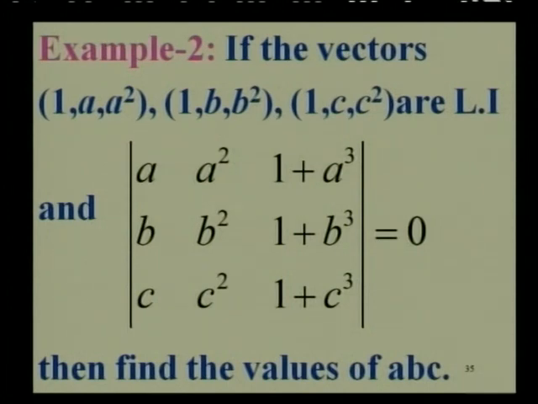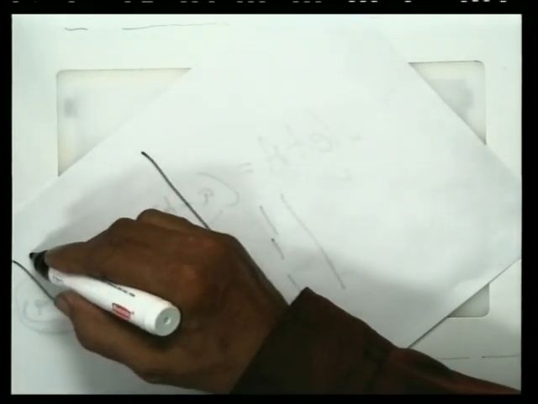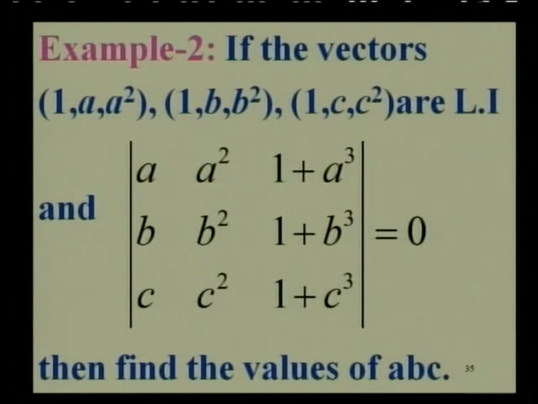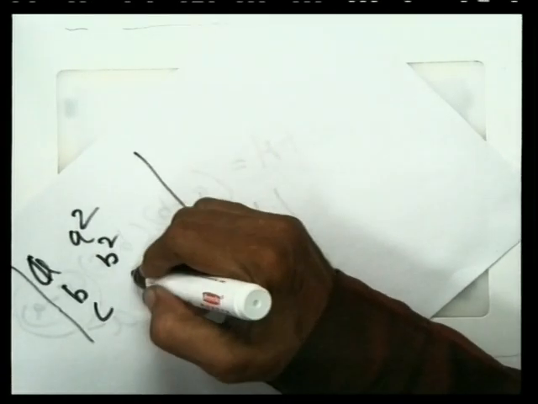Now we use the previous result, and this determinant can be expressed as the determinant with rows a, b, c, a square, b square, c square.